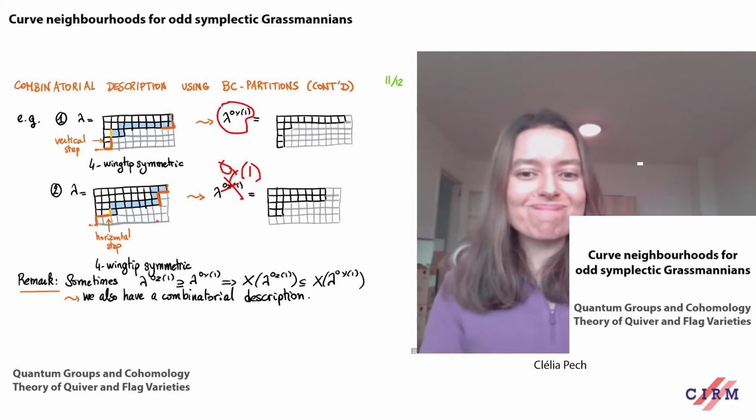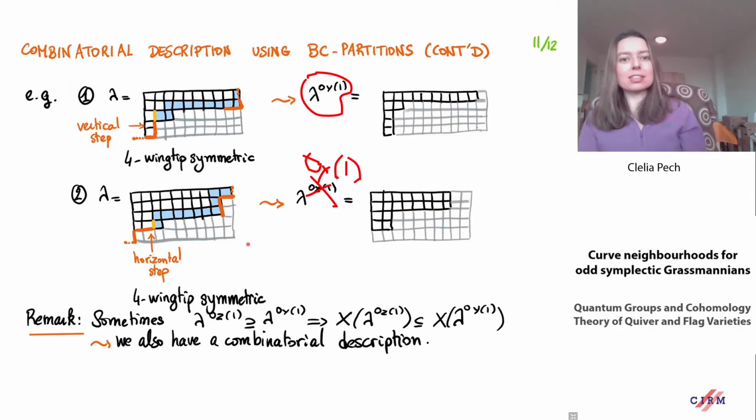I think you're right. This is something that could be looked at because those descriptions are reasonably explicit, but I haven't looked at it. If there's inclusion, then you're right. But I just wanted to tell you that in that example, the dimensions go the other way around.